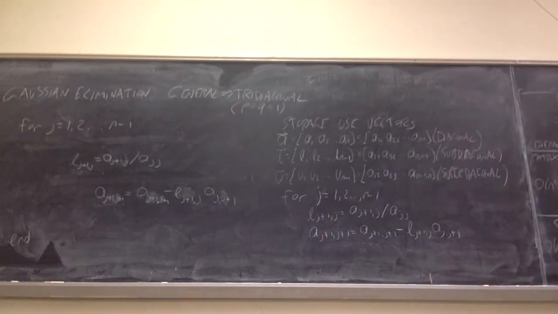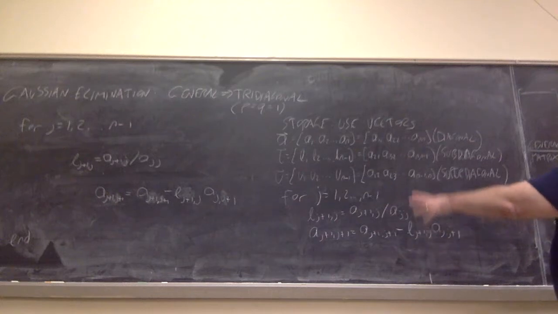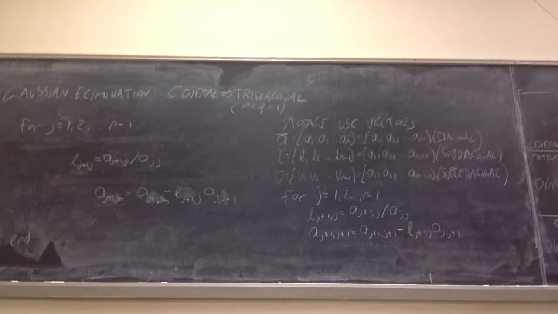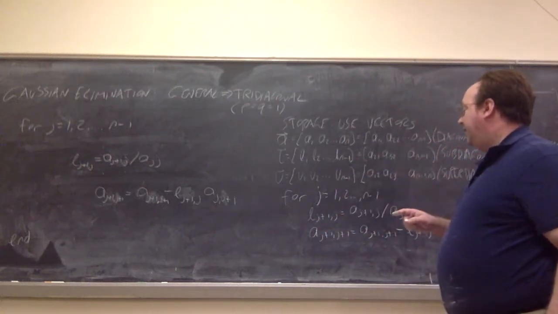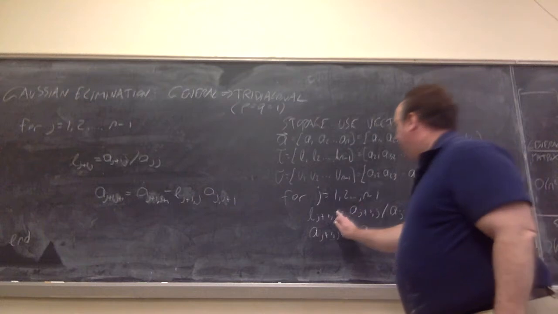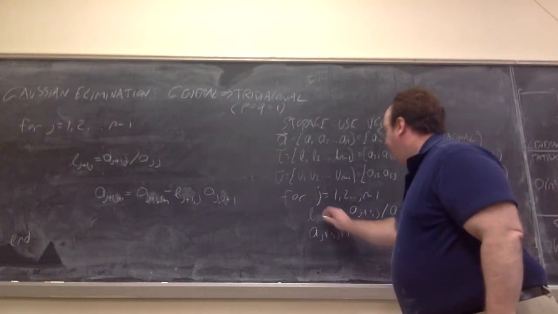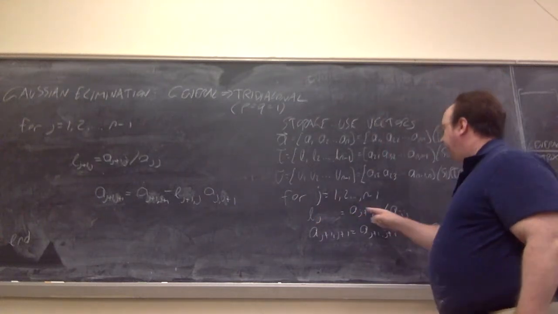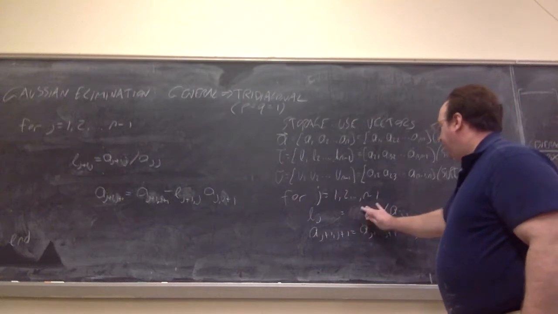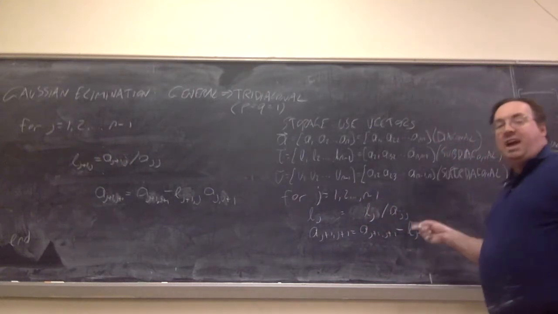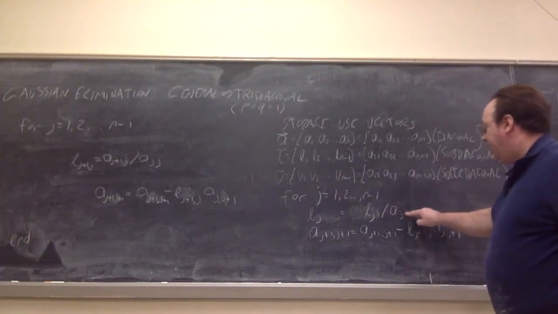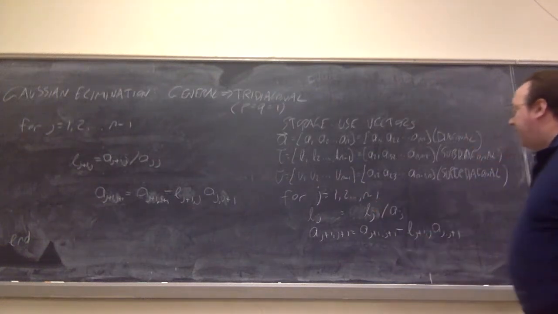Now I'm going to translate these entries of the original matrix into entries of these vectors. L_{j+1,j}, I use the column index, so I'm just going to call that L_j, equal to itself, that's the same location, divided by the jth diagonal entry, which is just A_j, so I can just erase an index for that one.